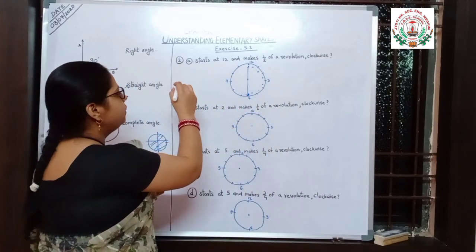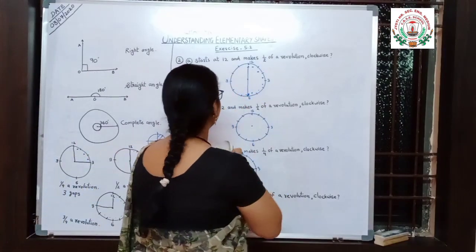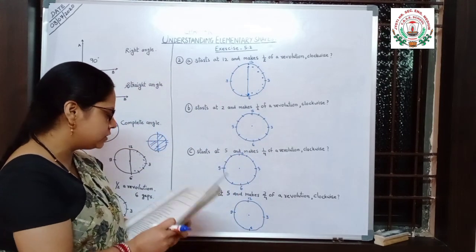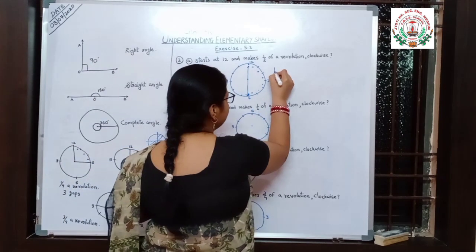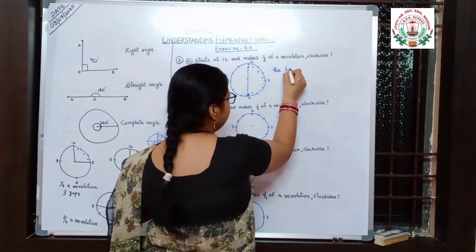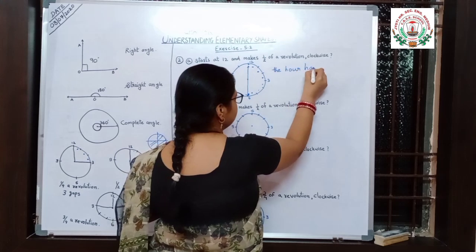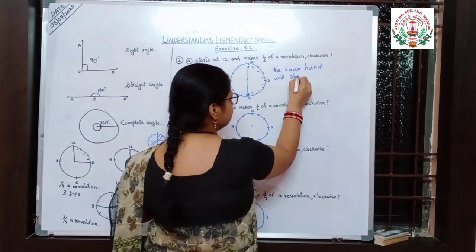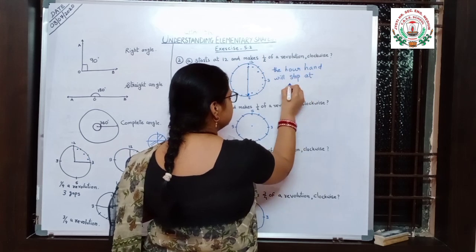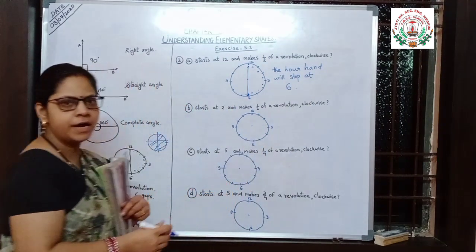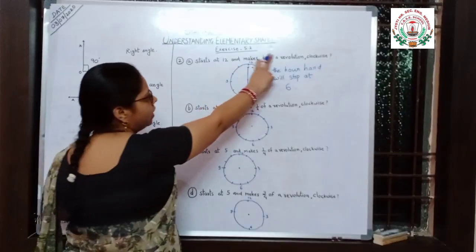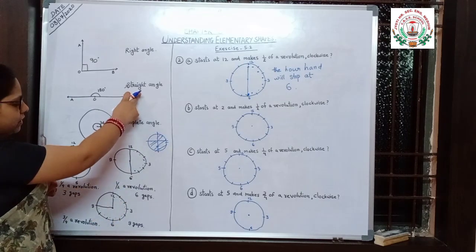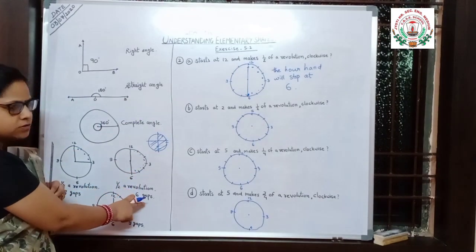So the hand, our end, will reach 6. What do we have to write here? Where will the hand of the clock stop? So you will write here: the upper end will stop at 6 after making half a revolution, because half a revolution forms a straight angle, and a straight angle covers 6 gaps.